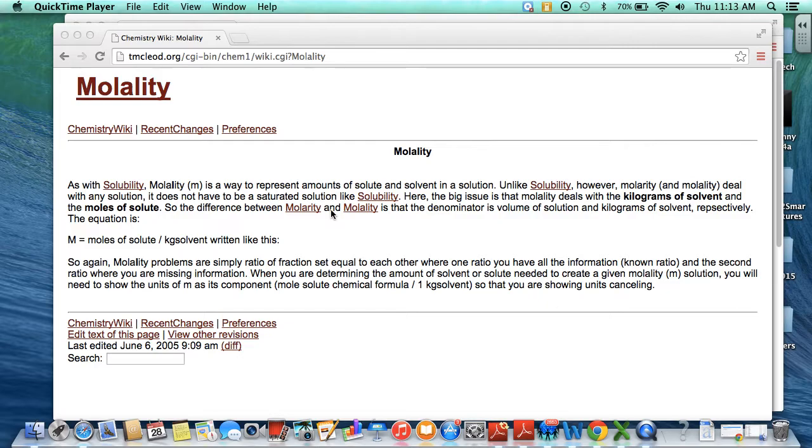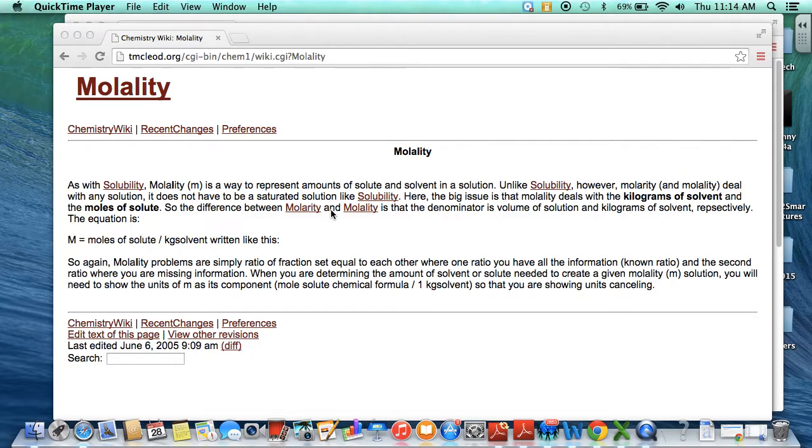Molality is different from its cousin molarity, with the symbol big M. This molality with an L, the symbol is small m with a bar on top of it. The major difference is that molarity is solute information, specifically moles, over solution information, specifically volume.